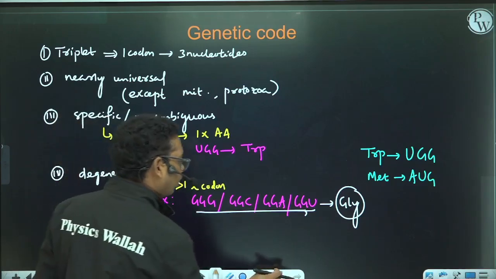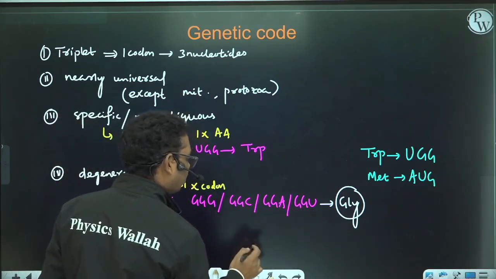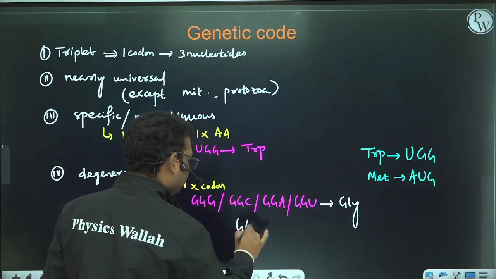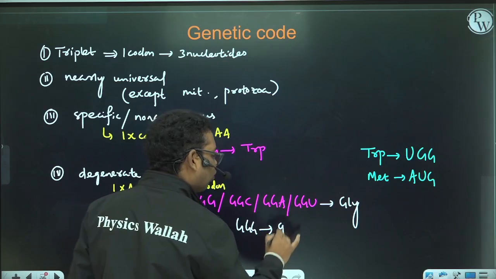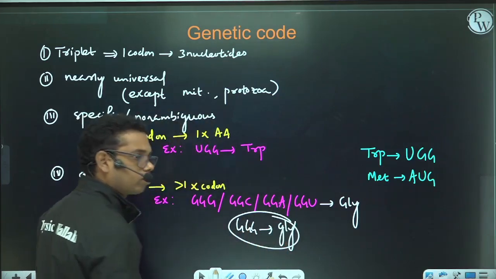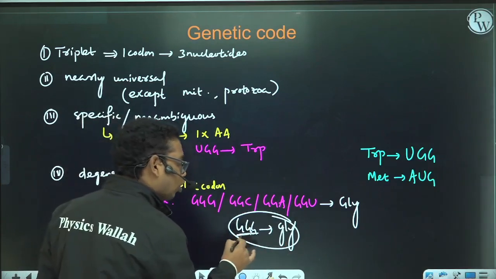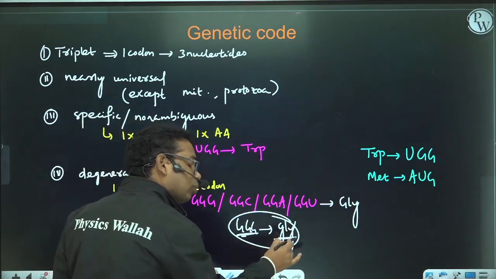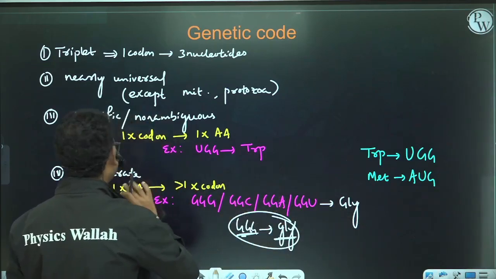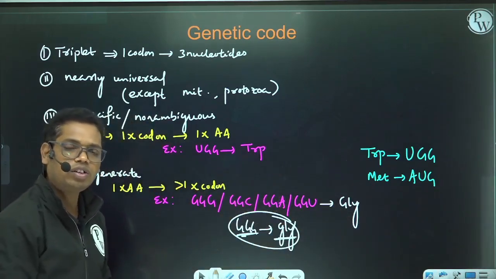And GGG in all organisms always codes for glycine, and this is called specificity. This is specificity or non-ambiguity of the codon, and glycine is coded by more than one codon. That is degeneracy of the codon.